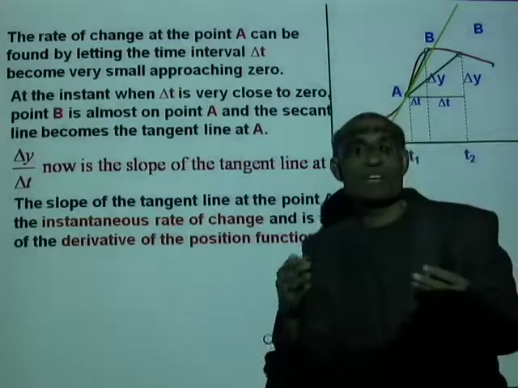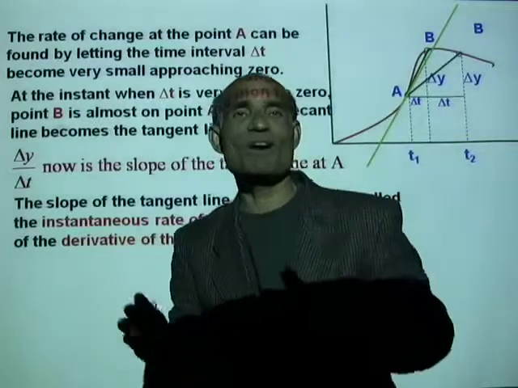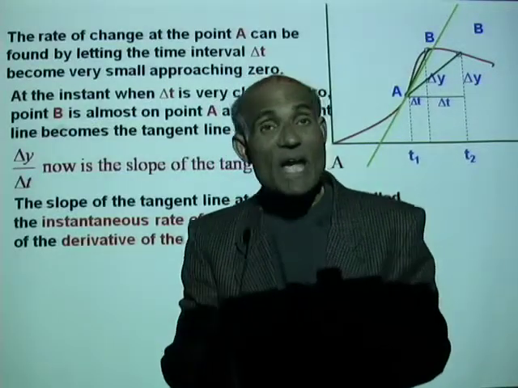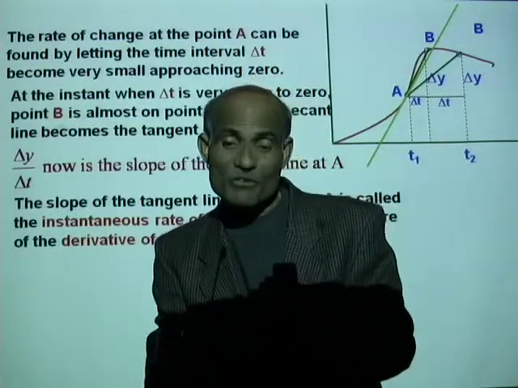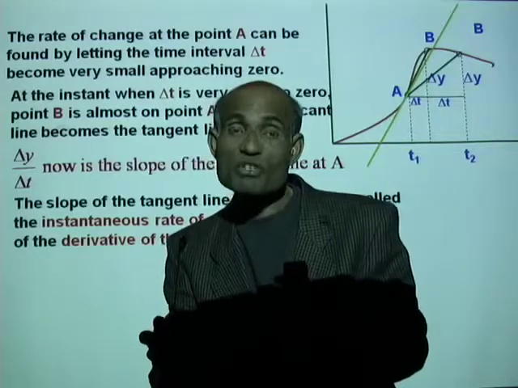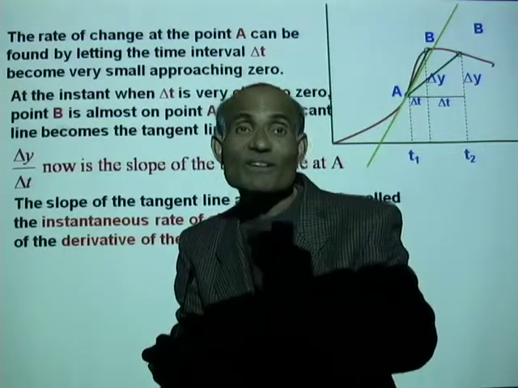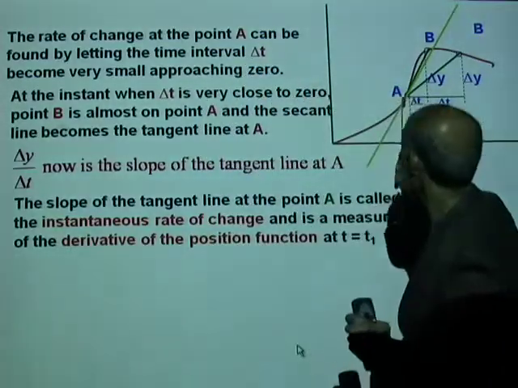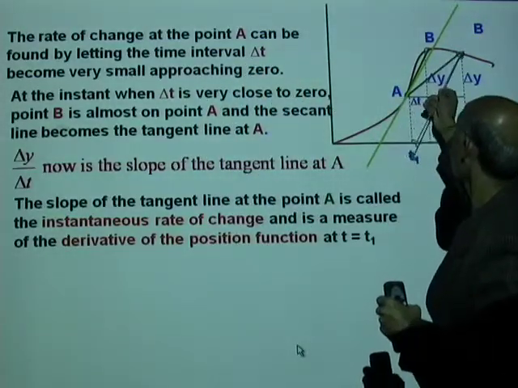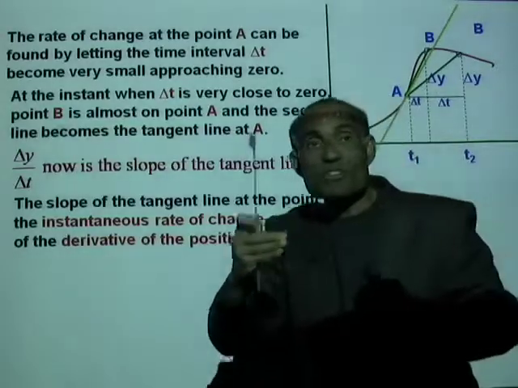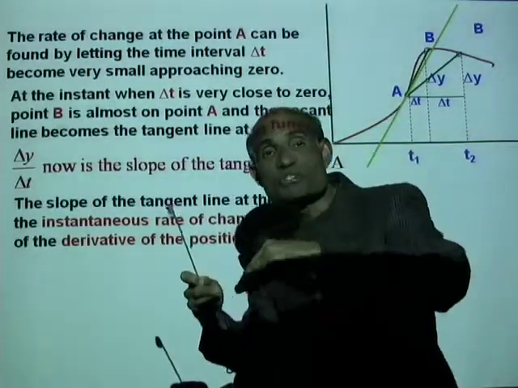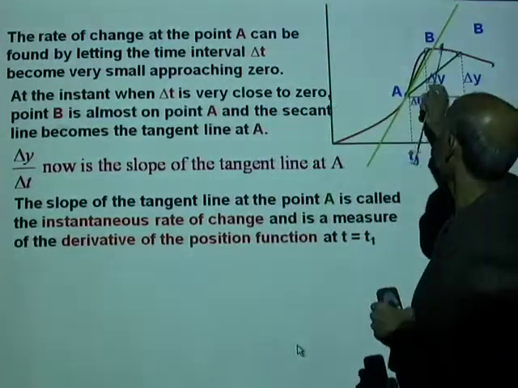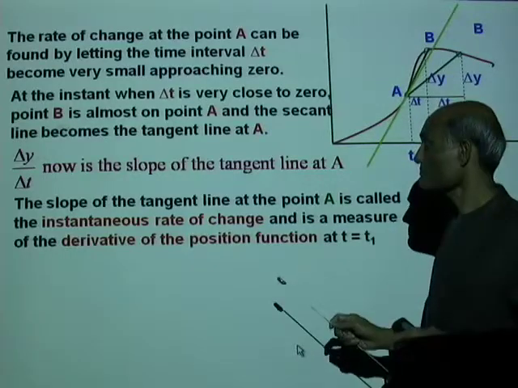What does that mean in the case of the motion of the car? At A, each time the time increases by 1 unit, the position is increasing. And that's the meaning of a positive slope. At B, with time, the position is decreasing, and you've got a negative slope there.